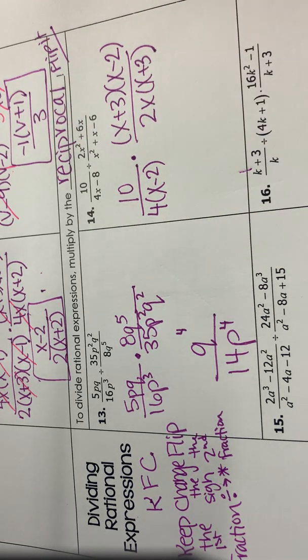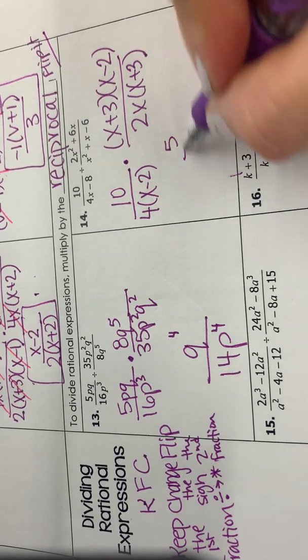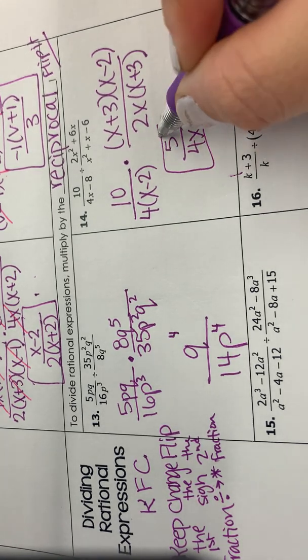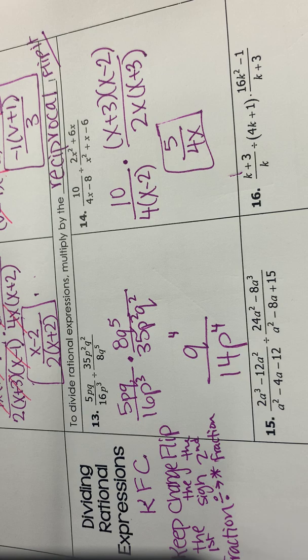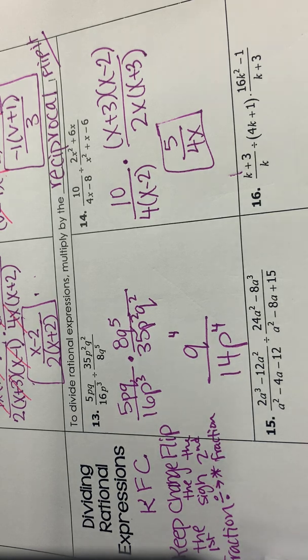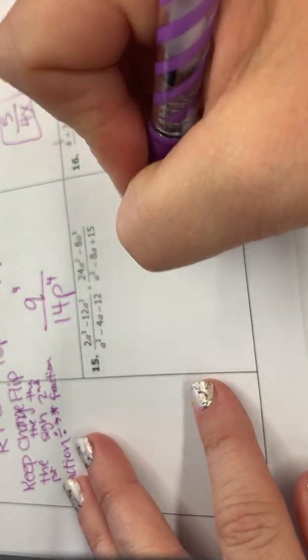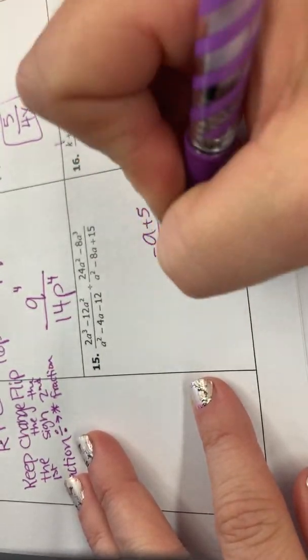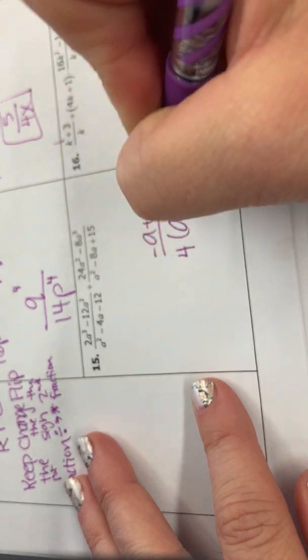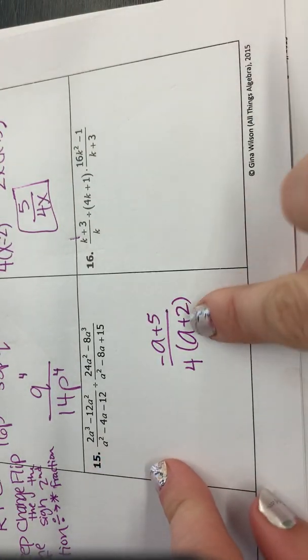All right, then you would ninja slice 5/4x. Okay. Now on 16, I'll tell you what, I'm going to give you the answer to 15. And then show you on 16 because it has 3. It's going to be like, oh goodness, you're just fine. That's your answer for 15.